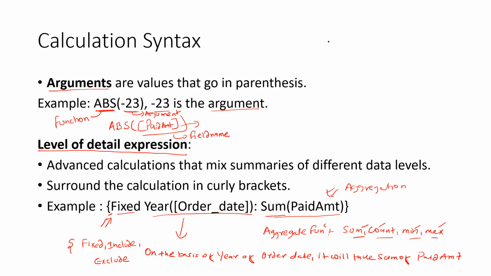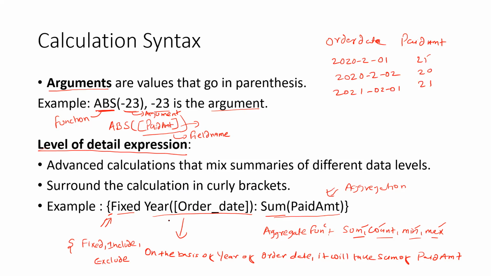For example, we have order date and paid amount here. Suppose my order dates are 2020, 2020, and 2021, with amounts $25, $20, and $21.